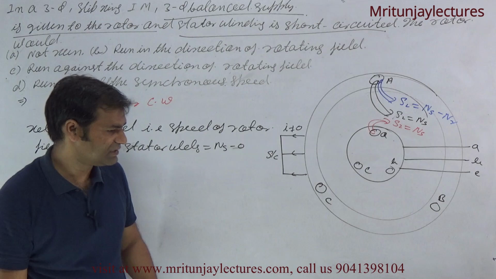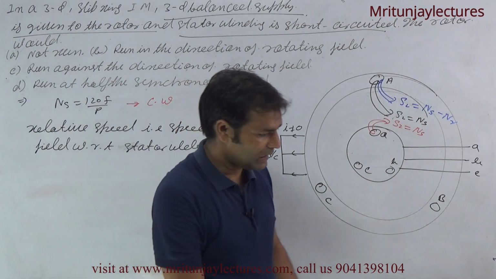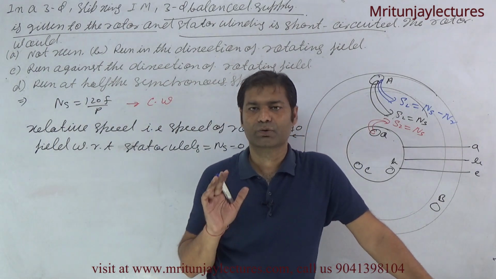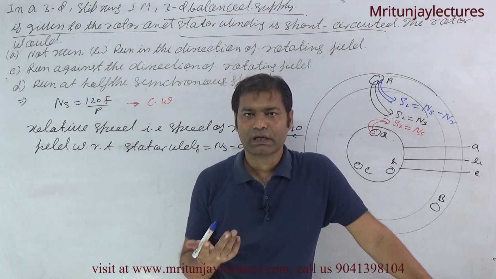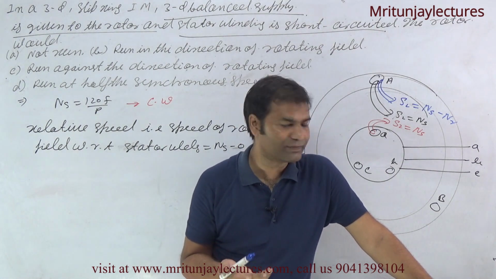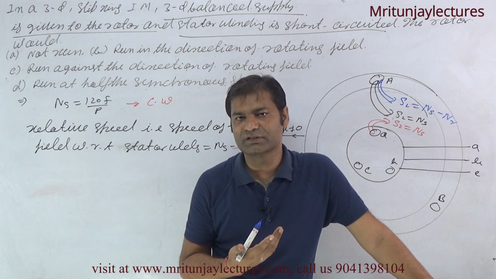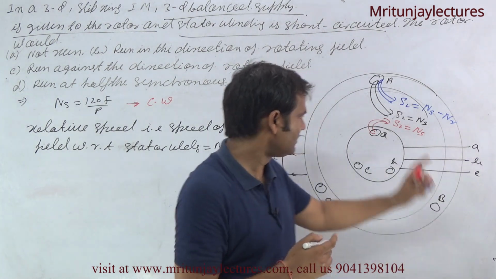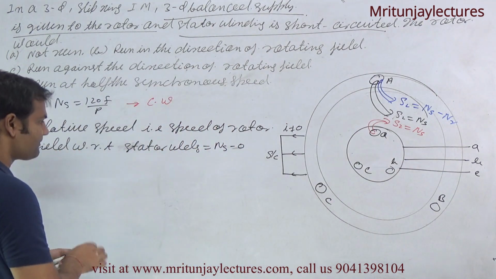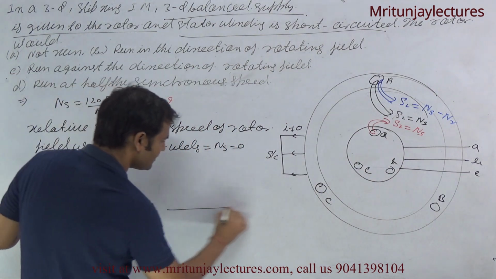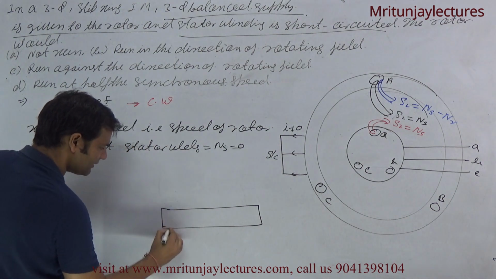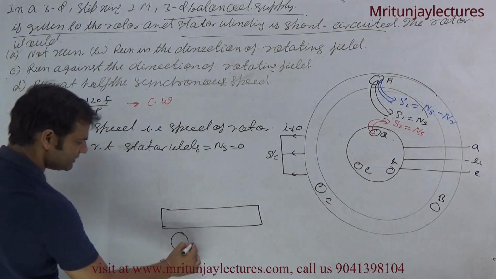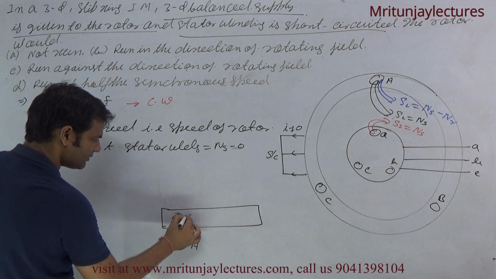NS minus NR means the rotor starts rotating either in the direction of the rotor field or in the opposite direction. Which direction is it moving? Look, make a linear diagram like this, with the stator winding and the rotor winding.